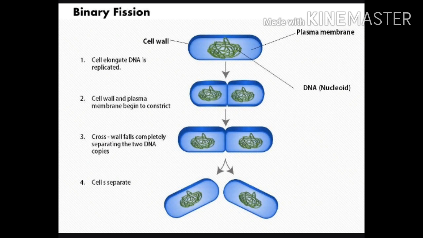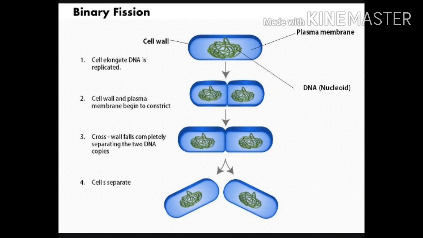Then the cell wall and plasma membrane begin to constrict, which means there is formation of the invagination. In the third step, a cross wall forms, completely separating the two DNA copies. Then in the fourth step, finally the cells are separated. So this is how binary fission takes place.